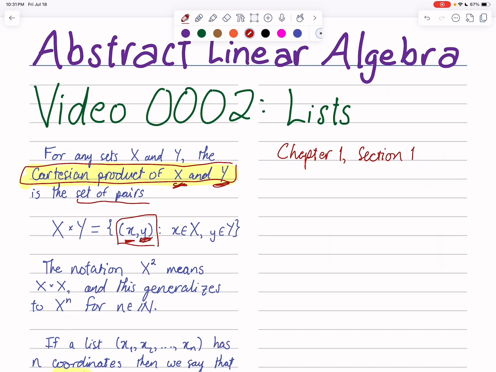Now we'll be particularly interested in taking the product of a set with itself, and the notation for that is x squared. And of course, if this works for 2, then we can extend this to any length n, right? So if you take the Cartesian product of x with itself n times for any natural number n, then that is written as x to the n.